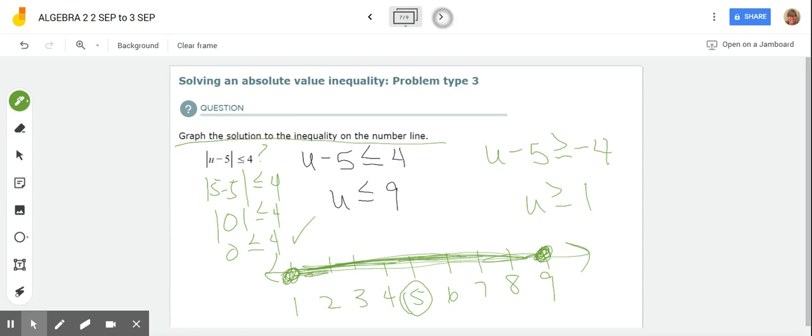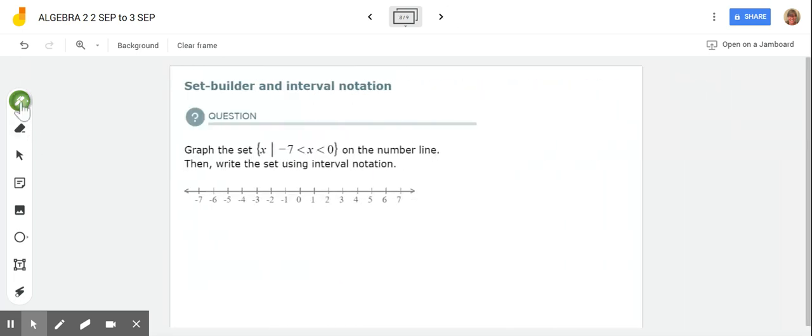Okay. Next. Okay, it says graph the solution set. Graph the set X. All right, here's some fun stuff. The set notation looks like this. It's when you want to put things together.